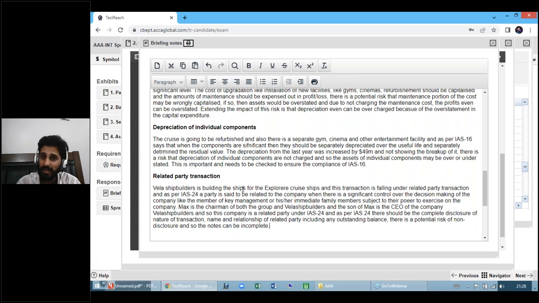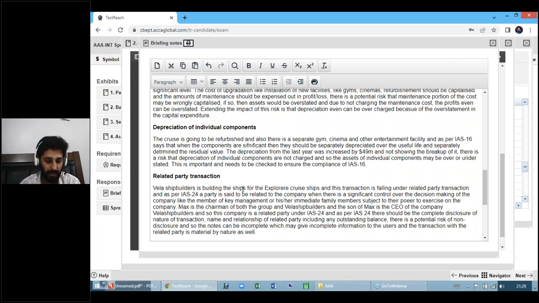Because it's not material by amount, it's material by nature as well, and so notes can be incomplete, which may give incomplete information to the users, and the transaction with the related party is material by nature as well.